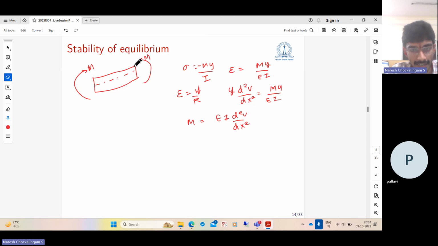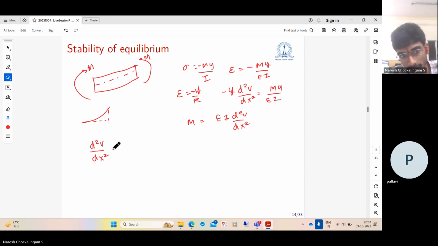So compressive stresses are taken as negative. So there's a minus here, but epsilon is equal to y by r is fine. So you have a minus y by r here as well. And the radius of curvature, if it is increasing in this direction, the curvature is taken as negative. So you get another minus here. Therefore, the relation is d square v by dx square is equal to minus M by EI.